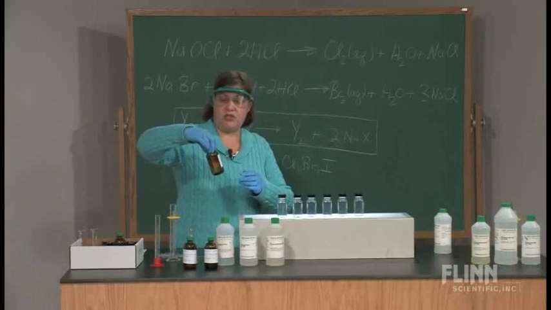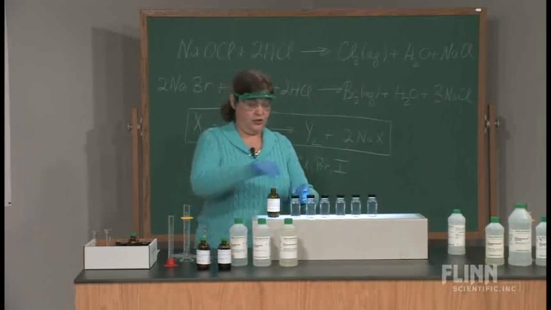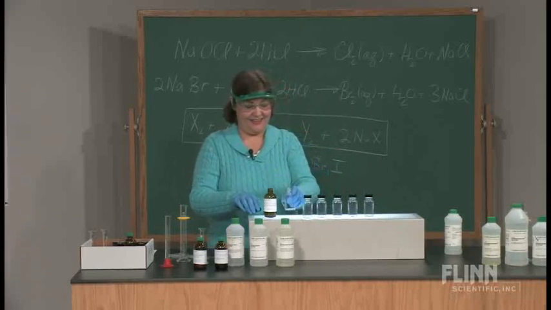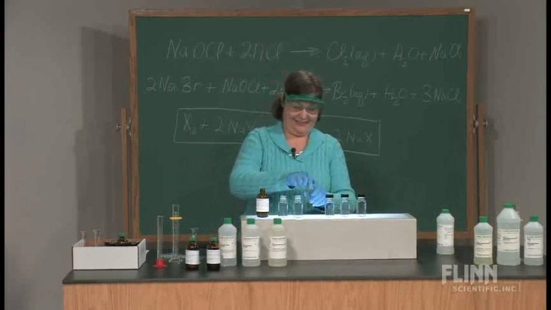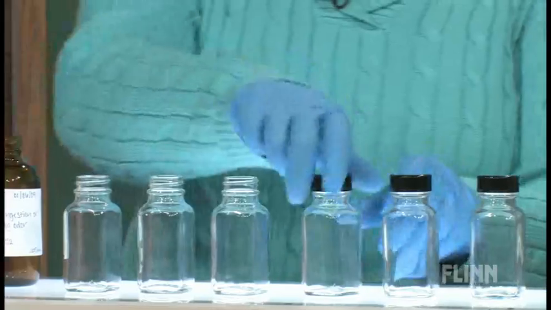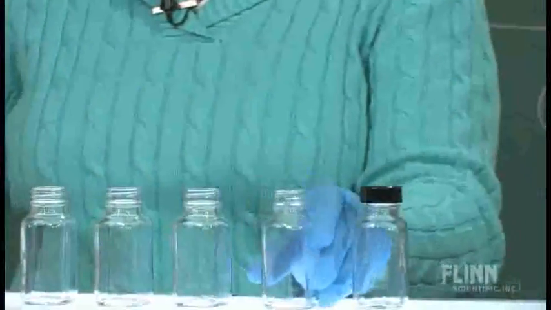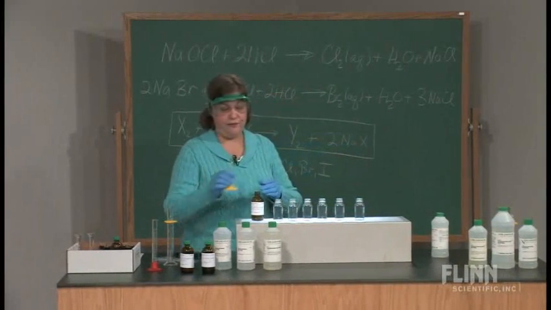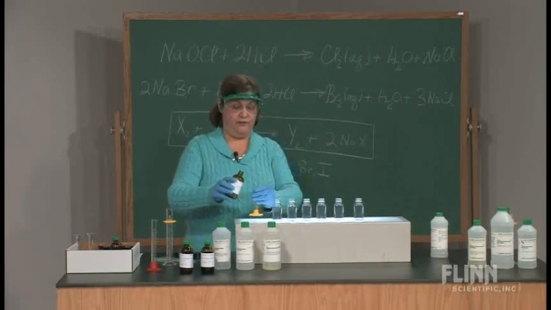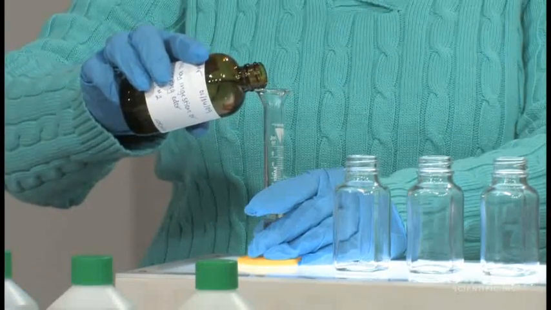So I'm going to start with chlorine water. Actually, I'm going to start by taking the caps off all these bottles. Okay, I'm going to start with chlorine water, and for the first one I'm going to measure the volume so that we're doing things approximately the same.